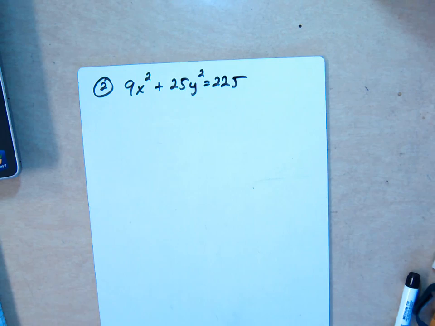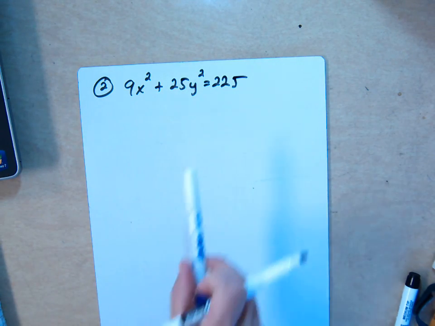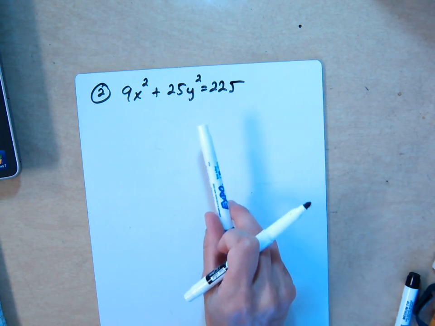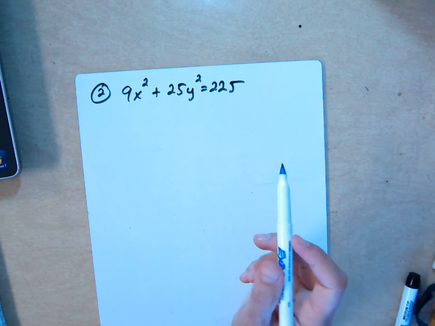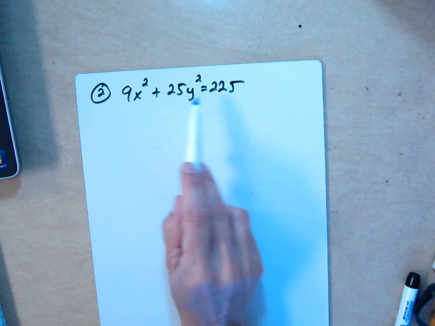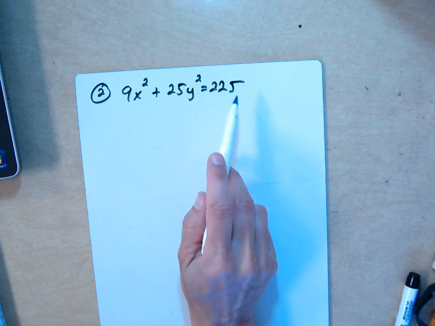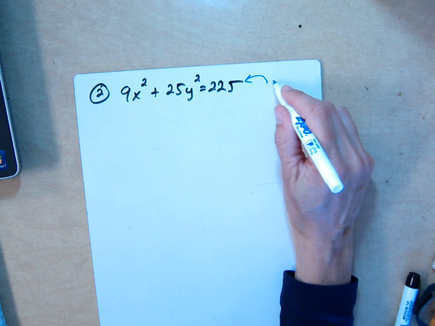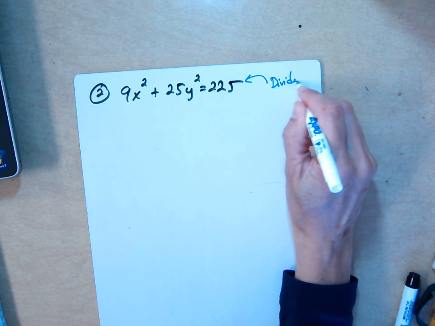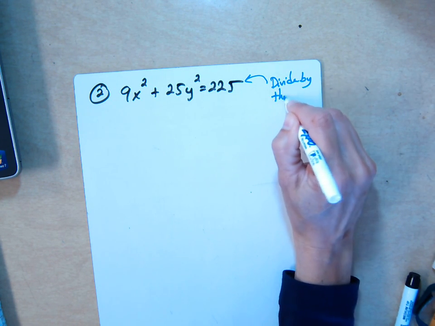And there's one step here that I have to show you. This doesn't look like the equations I gave you, because in the equations I gave you, there's no number in front, and this is a 1. So all you have to do, whatever this number is, you just divide by it. That's your first step.